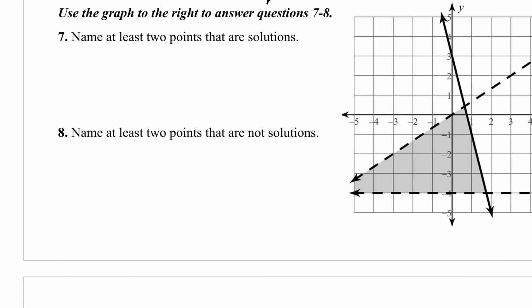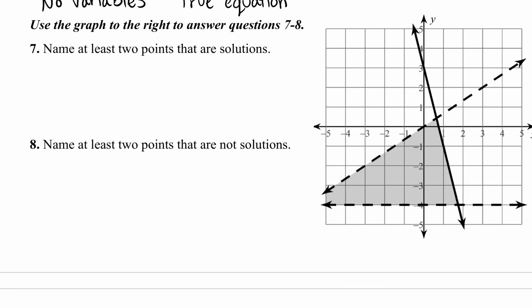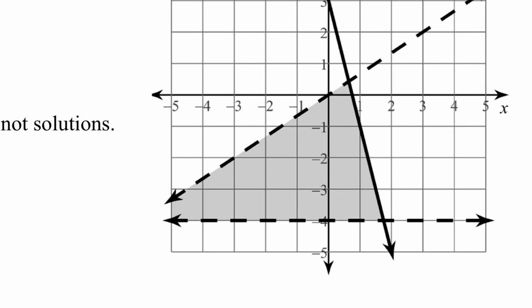Alright, so number 7. This one shouldn't be too bad. Notice I have a graph already here. It says name at least 2 points that are solutions. Remember, my solutions are anywhere in the shaded area. So anything in this triangle I can use. Just pick any 2 points. I'm going to pick a point here, and let's go way down here.